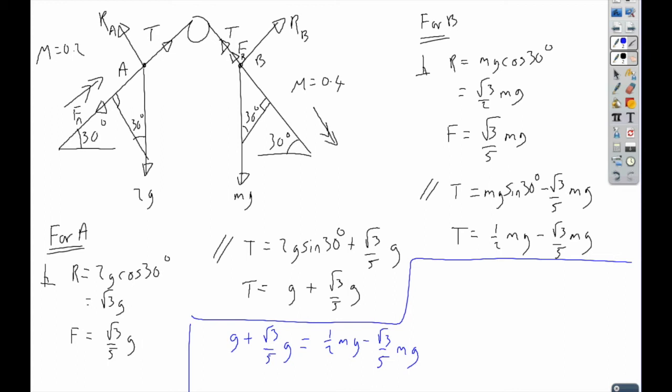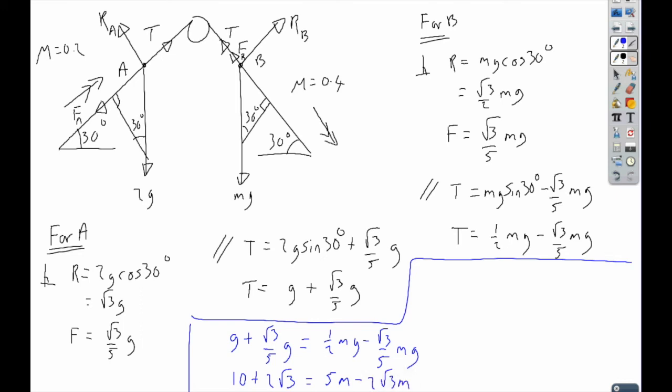At the same time I'm going to divide throughout by g and multiply throughout by 10. So I'm going to get 10 plus 2 root 3 on the left hand side is equal to 5m subtract 2 root 3m on the right hand side. I'm hoping you're happy with that.